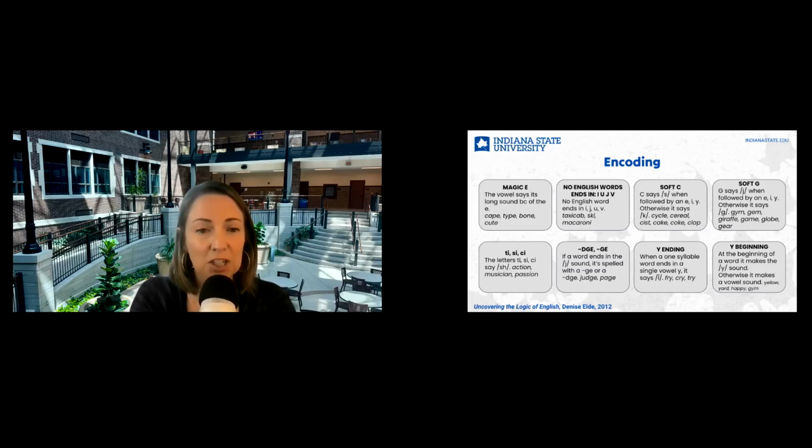The first one is the magic E rule, or you may have learned it as the silent E rule. It says the vowel says its name when it's followed by a consonant and an E. Some example words are cape, type, bone, and cute. How we would teach this is we present the rule to students.